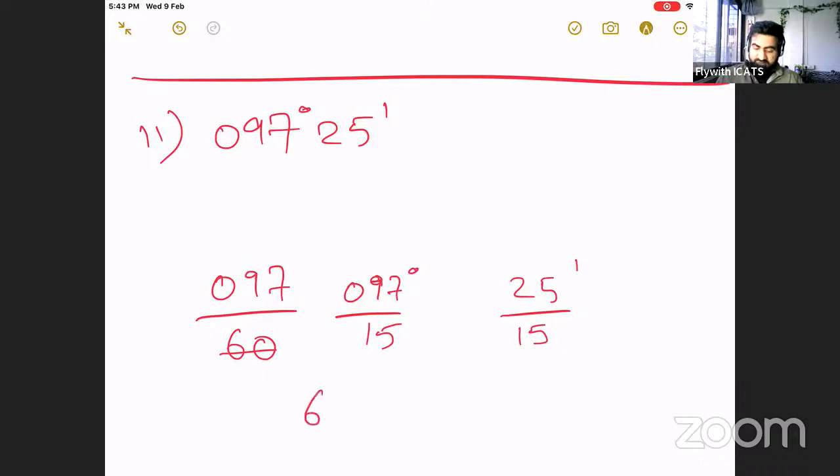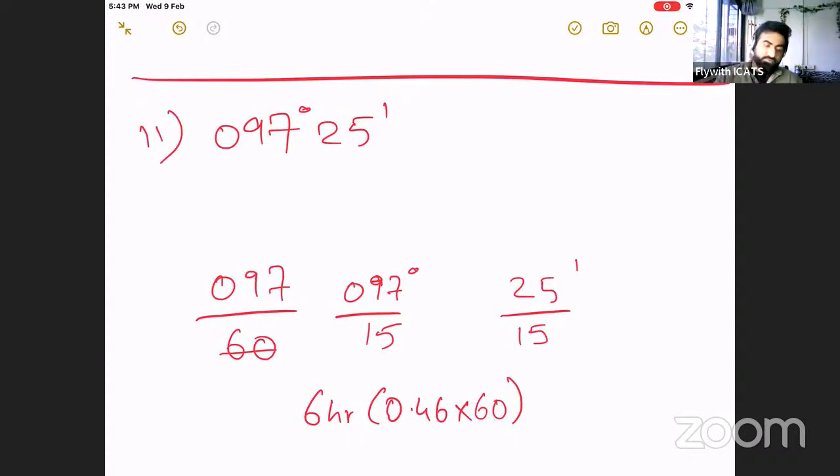gives me 6 hours and 0.46 into 60 minutes. I'm actually only taking up to 2 decimal values in the calculator. If you take 3 decimal values, your answer will become more different.